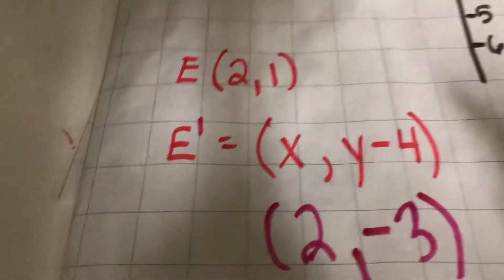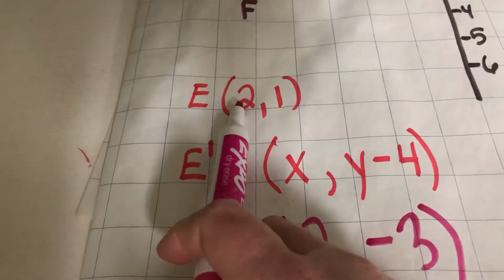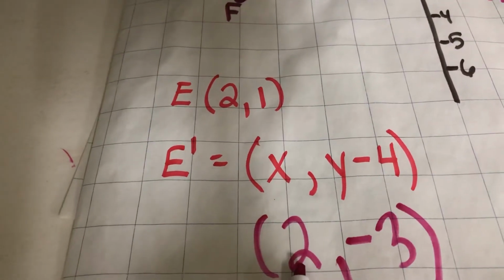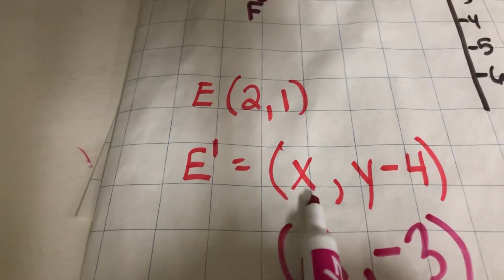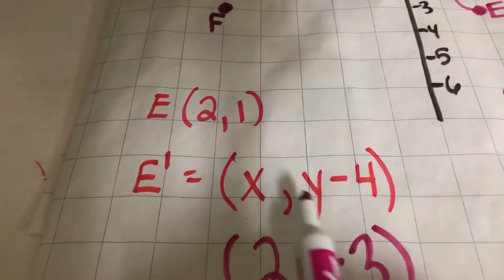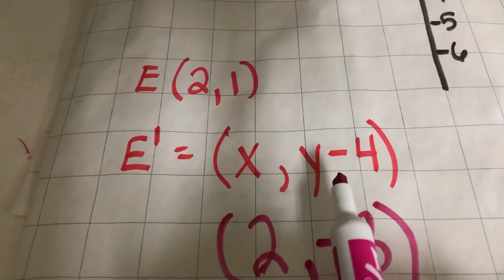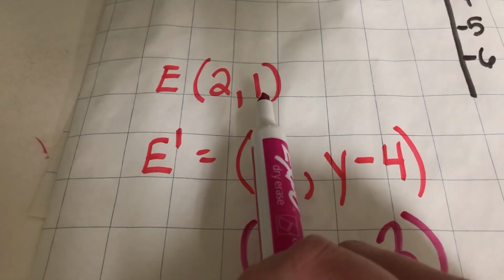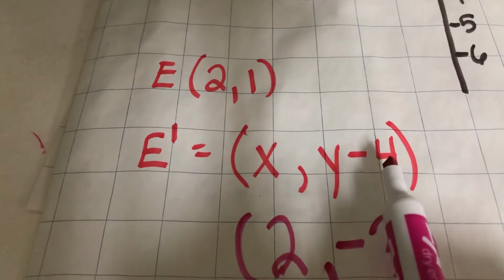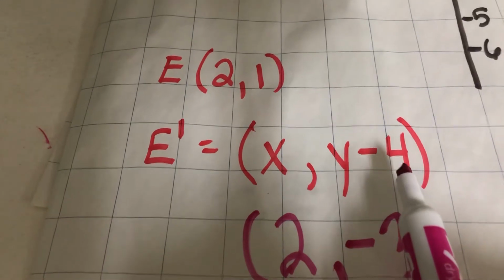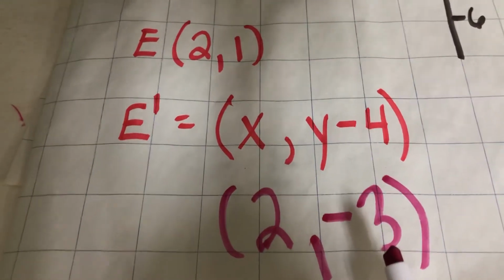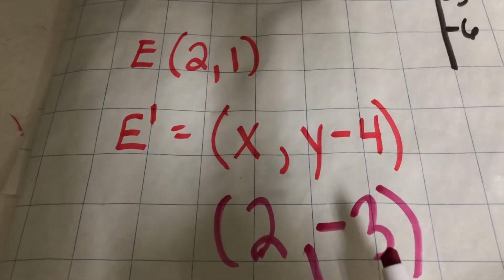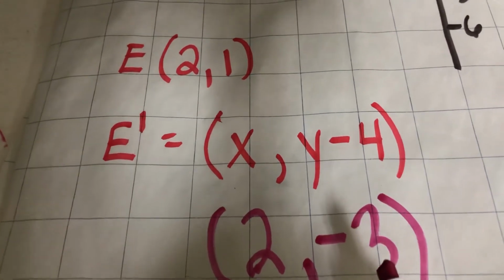All right, so if we look at this, my x's are the same. They haven't changed. We're good. My x's are the same, and that's telling me here that my x is no different. This part of the equation is telling me that it's y minus 4. Well, if I start at 1 and I subtract 4, from our lessons last week, that 1 take away 4 is going to get me -3. So I know I've hit the right spot. Our use of integers comes in very handy right here.